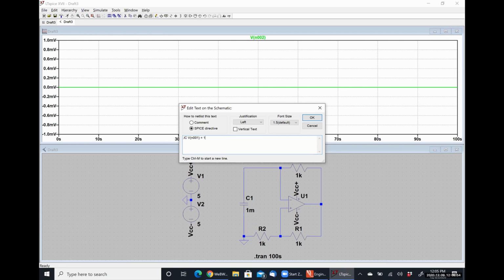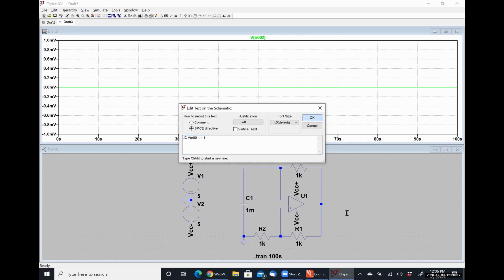I am putting some initial energy into the system. In LTspice, we can only set initial conditions on capacitor voltages and inductor currents. So there's no way for me to declare that the output voltage here is 10 volts. So I'm just saying, well, the capacitor has some voltage across it. Let's see how that affects the system.